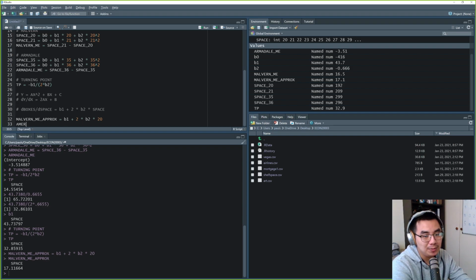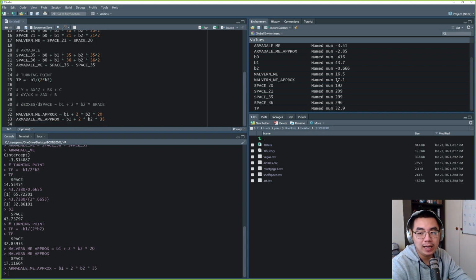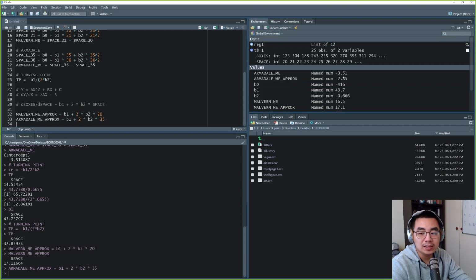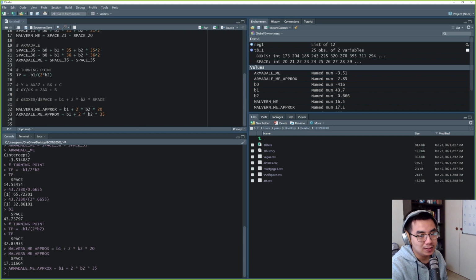And Armadale marginal effect approx would be beta 1 plus 2 times beta 2 times, what's Armadale? 35. With Armadale, negative 3.51 is the exact change, and the derivative approximation gives negative 2.85. Again, it's close, but it's a linear approximation.